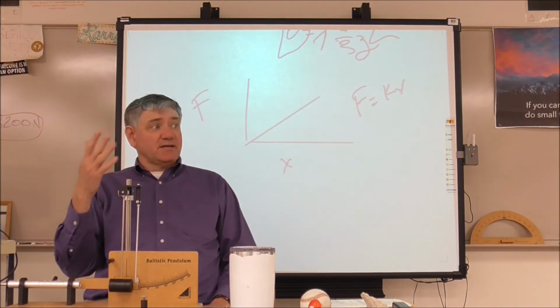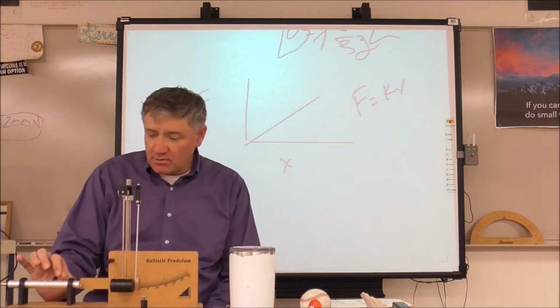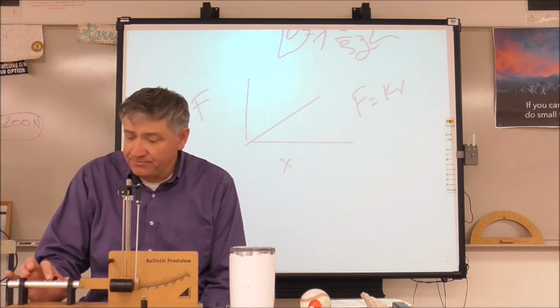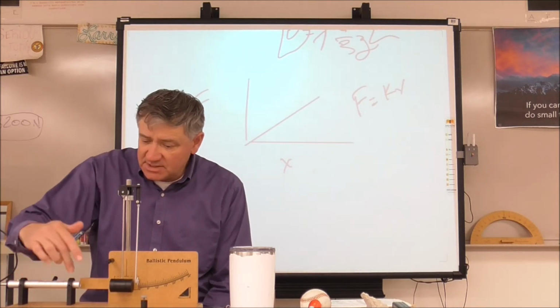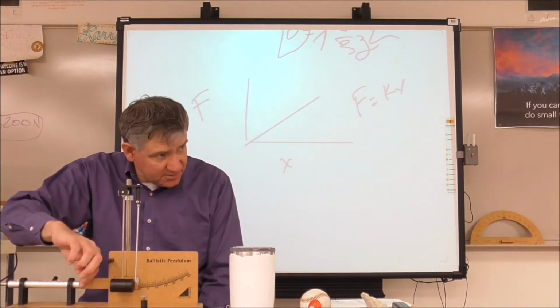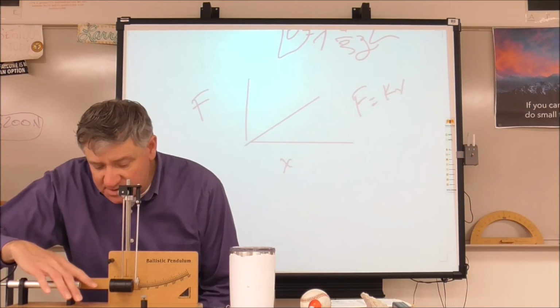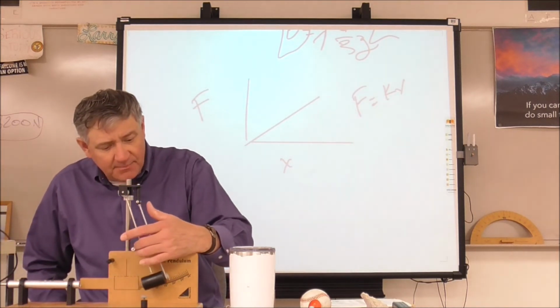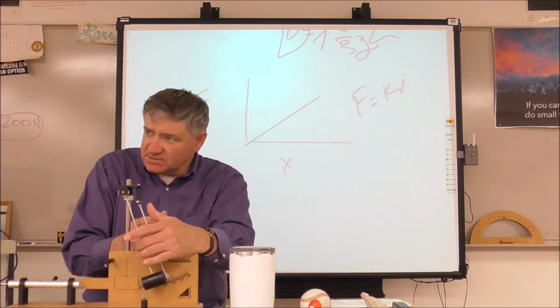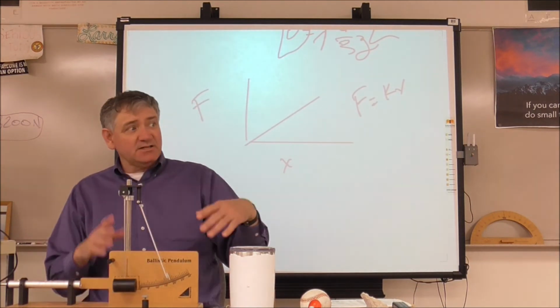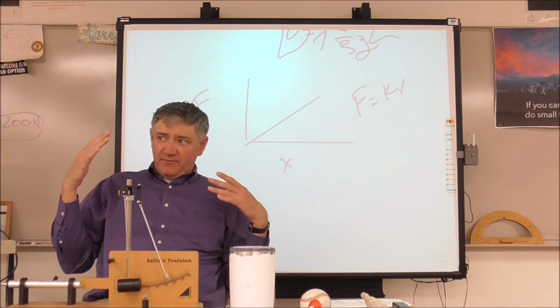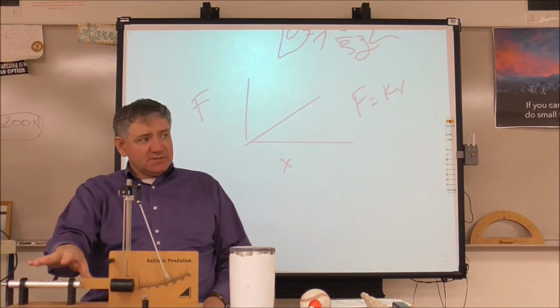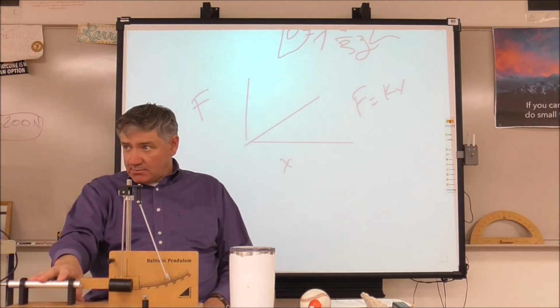So this is going to be like a California problem. So I'm going to store energy here. That energy is going to translate into the kinetic energy of the marble. The kinetic energy of the marble is going to hit the ballistic pendulum. This thing is going to swing up, and then we're going to store some potential energy up here. So there's actually a whole bunch of physics that happens just in this little dynamic, right?